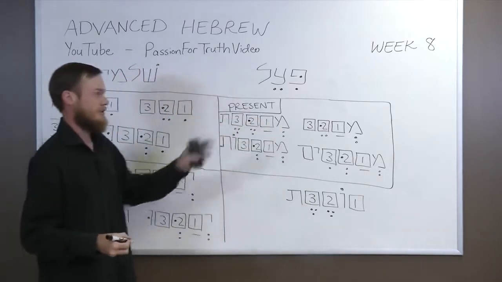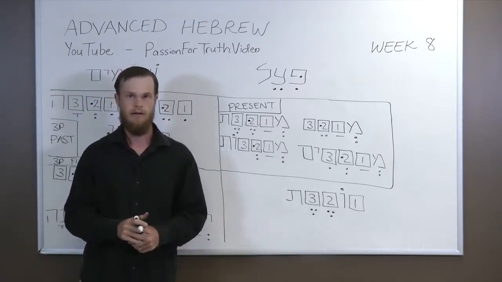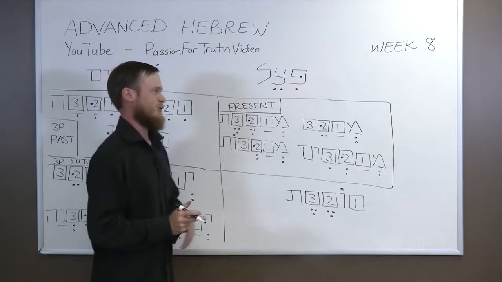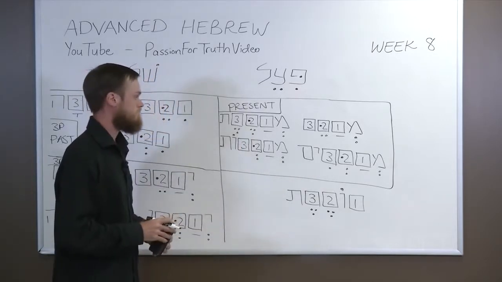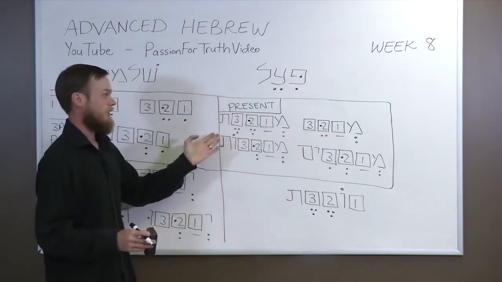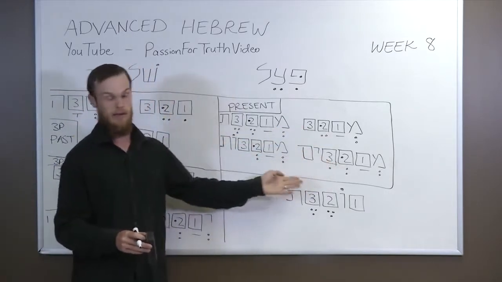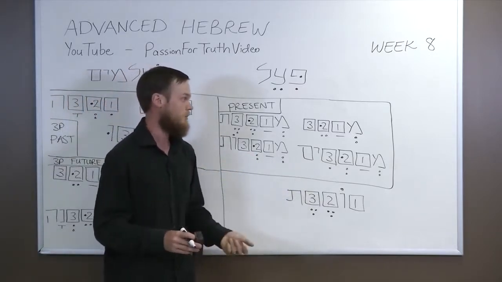The dagesh stays in that second radical throughout, whether it's present, past, future, imperative. There's other tenses as well, which we will get to eventually. But anyway, so mishaber, mishaberet, mishabrim, and mishaberot for the plurals, just like the endings in the pa'al.